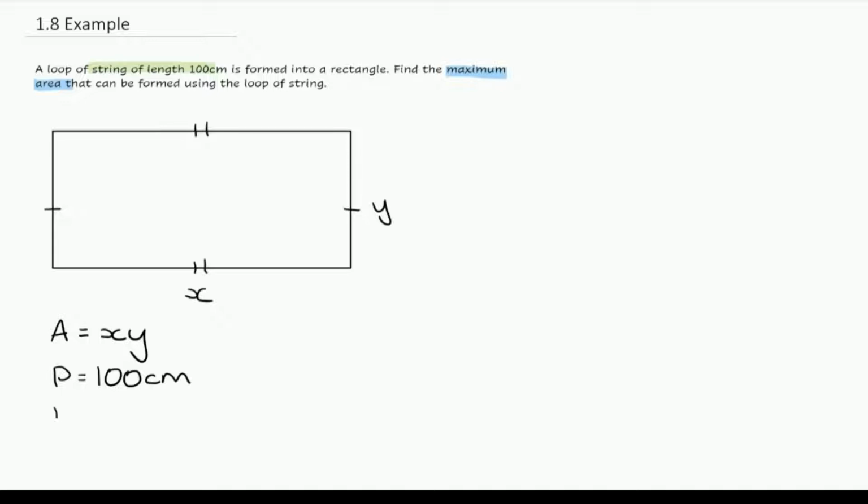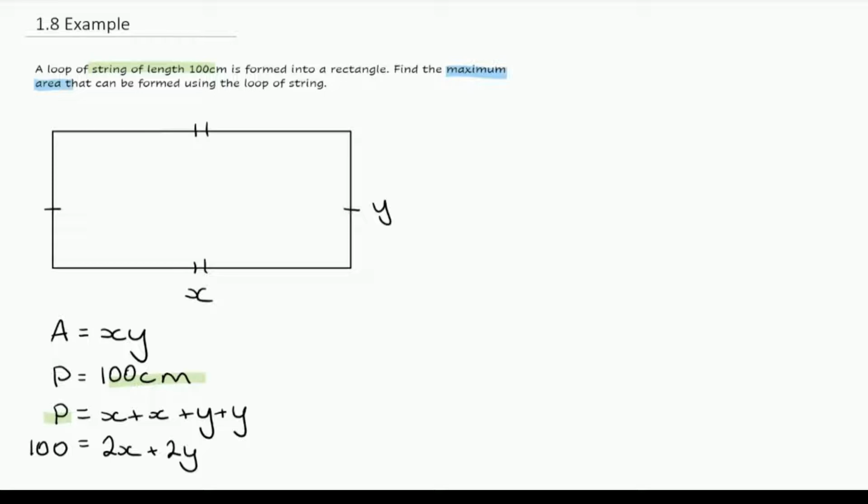My perimeter is all the sides added up together: X plus X plus Y plus Y. Simplifying this comes to 2X plus 2Y. And of course, I know my perimeter is equal to 100 centimeters, so I'm going to plug that into my equation. So 100 is equal to 2x plus 2y.